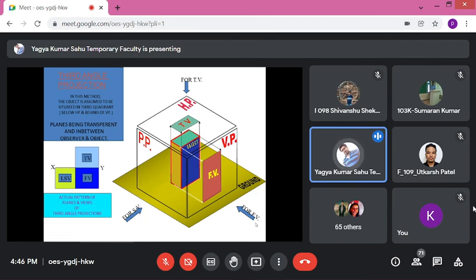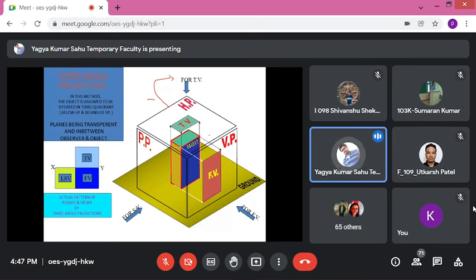If you rotate this horizontal plane 90 clockwise, what will happen? It will come a vertical plane. Okay, it will.